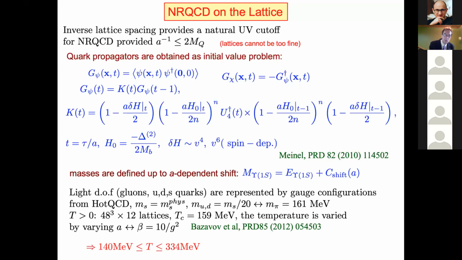We vary the temperature by varying beta, in order to satisfy the condition that the inverse lattice spacing should be smaller than twice the quark mass, or the quark mass around that range. We only consider temperatures from 140 up to 334 MeV.